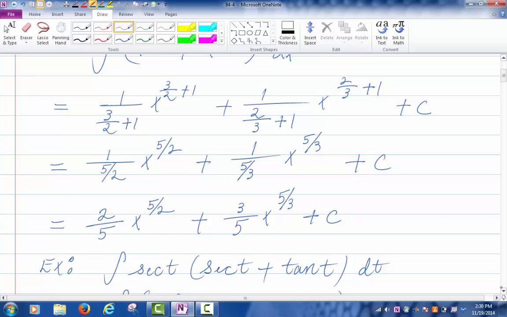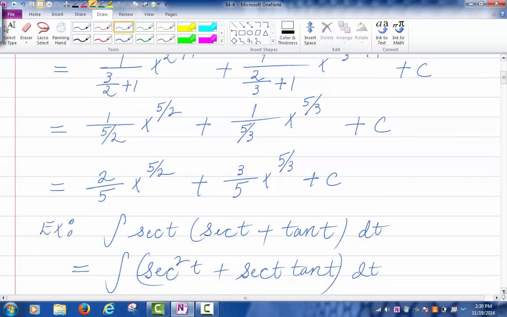So how would you compute this integral? Well, you cannot say right away what the integral is. You have a straightforward algebra that you can perform here, which is multiply out, right? So see what happens if you multiply out. You get secant squared of t plus secant times tangent, right? You agree with that?